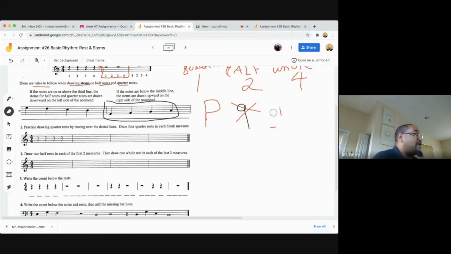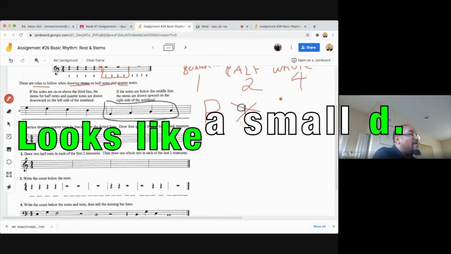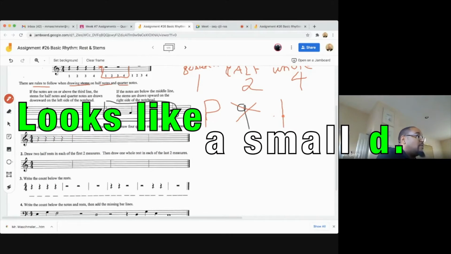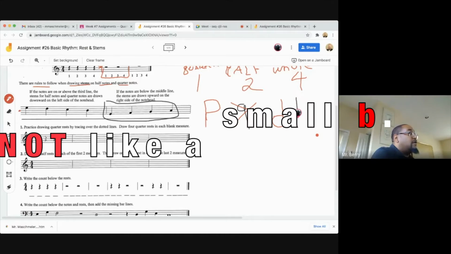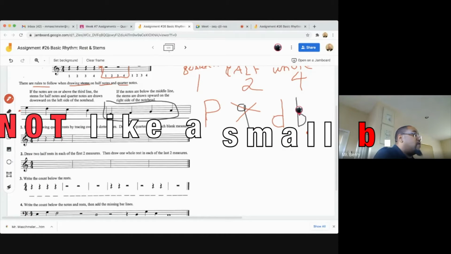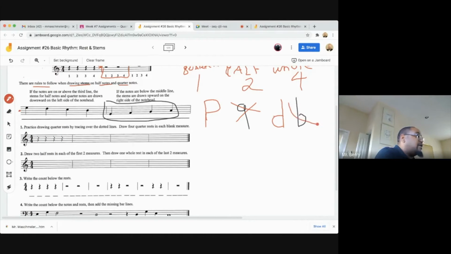Not B, the letter D as in dog. So most definitely it should look like a D. If the note looks like the letter B, then you have drawn the stems on the wrong side of the note head. So it should either look like a P or like a D.